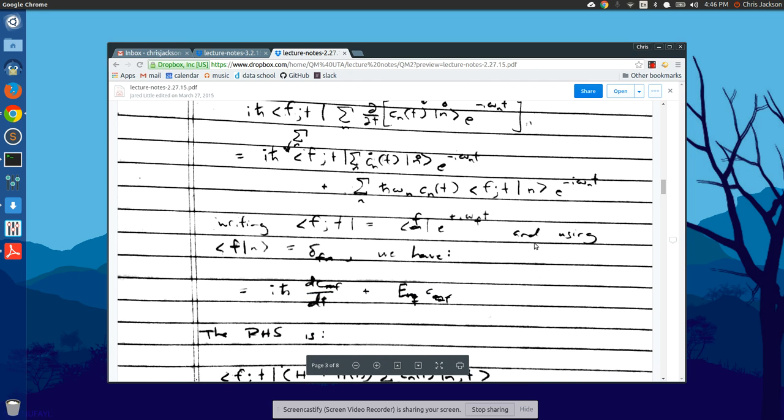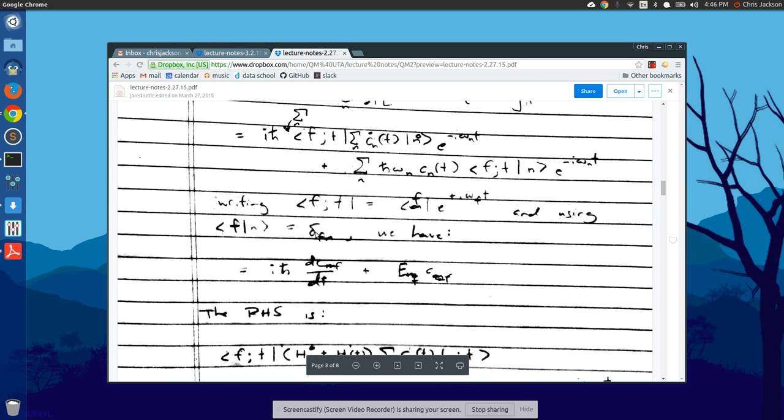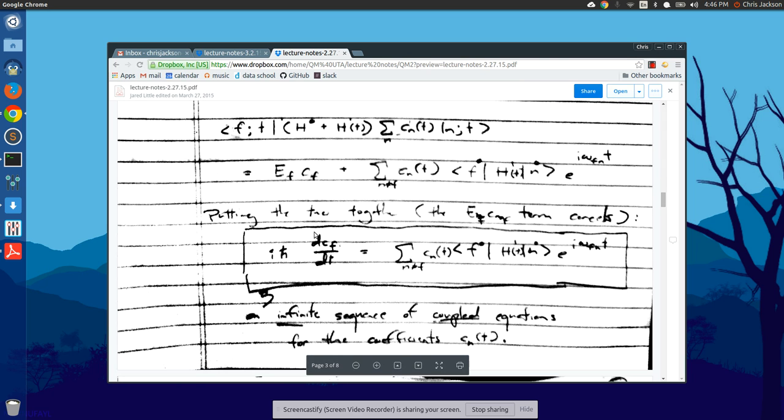We went through some algebraic tricks, and basically found that we could write down a differential equation for these coefficients. It's a Schrodinger-like equation where on the left-hand side you get the time derivative, and on the right-hand side you get the matrix element of your perturbation Hamiltonian.